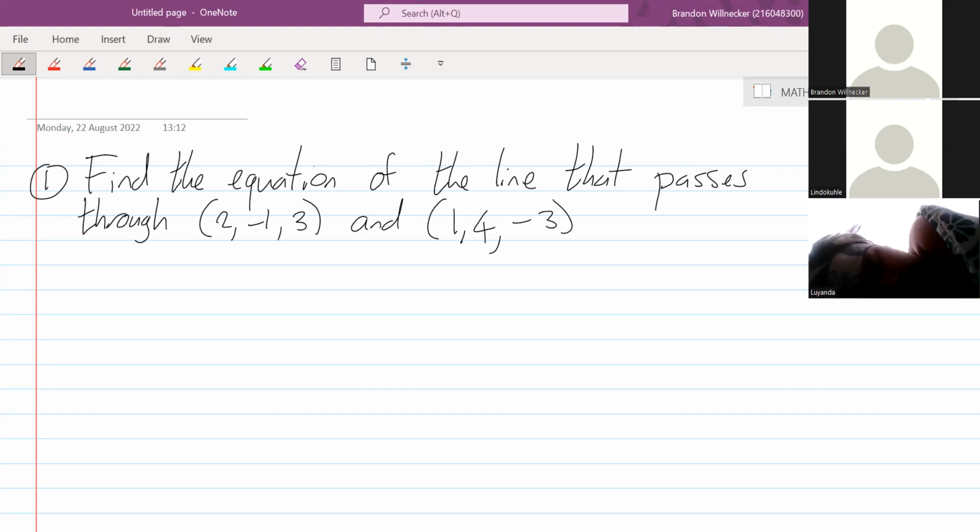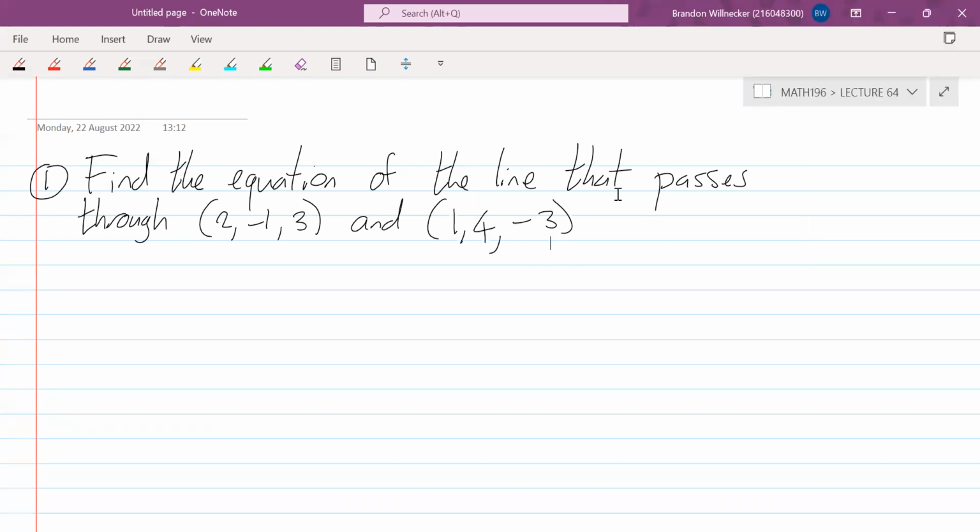Okay, so we've got these two here, and we want to work out the line that goes through them. Okay, so first we need to find that direction vector v.